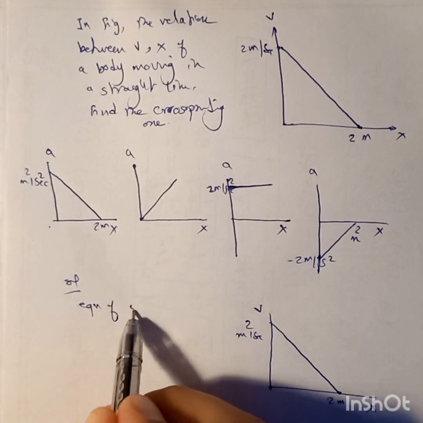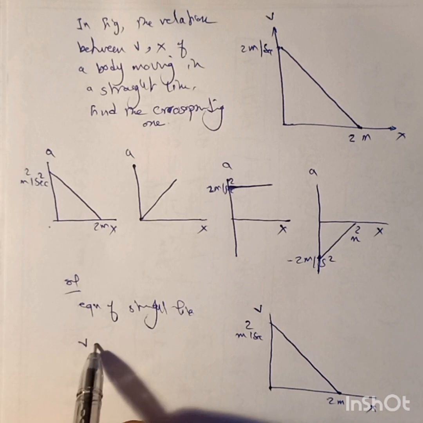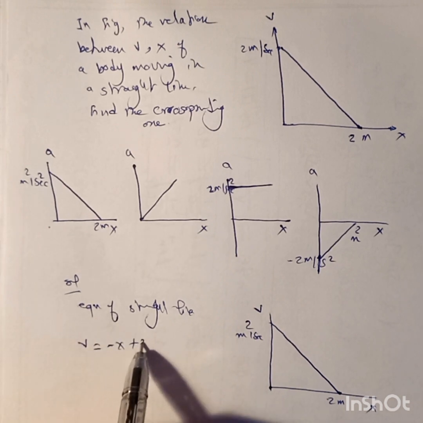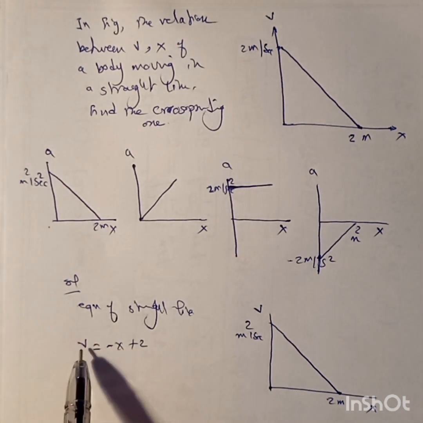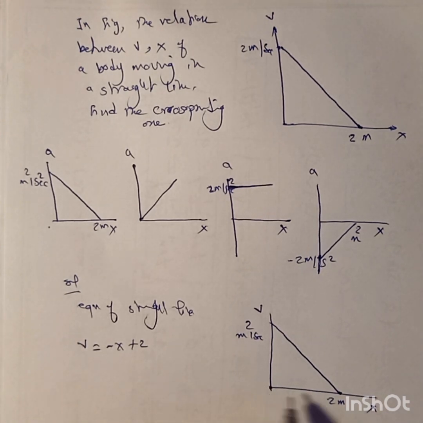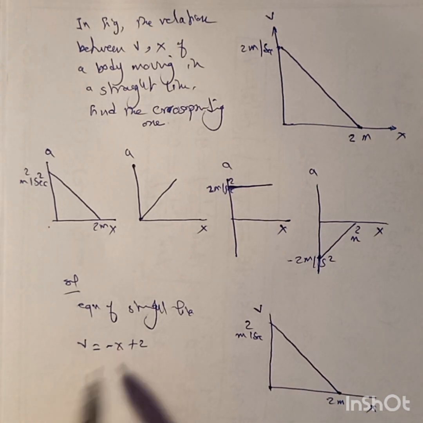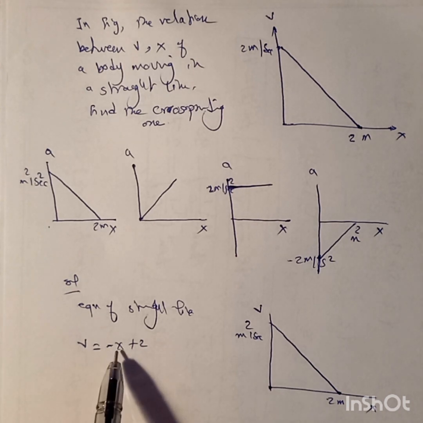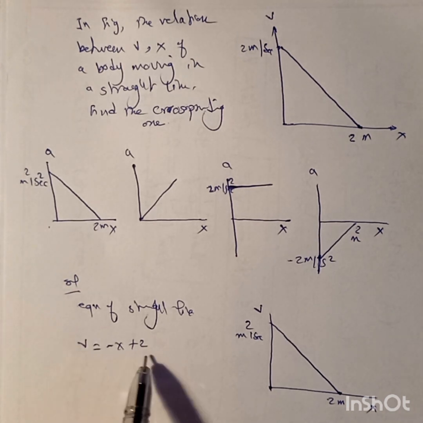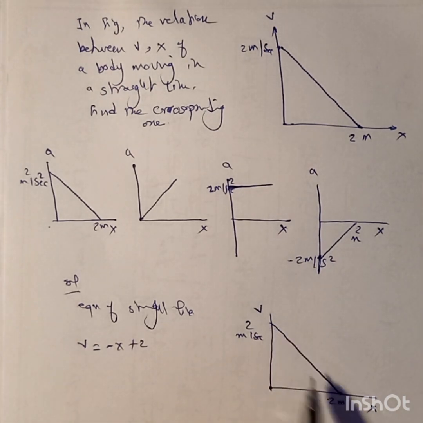Here we have v equals negative x plus 2, as at v equals 0 we have x equals 2, and when x equals 0 we have v equals 2.